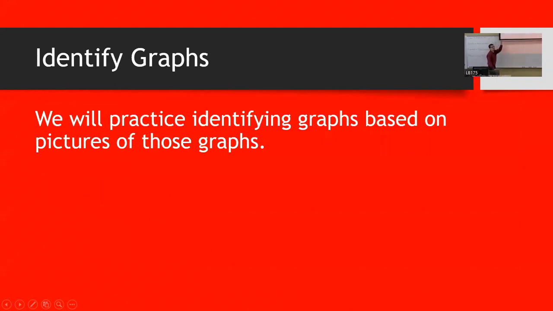So let's take a few minutes and identify graphs just based on the picture of the graphs themselves. Before we get into looking at the data, the scatter plots, let's identify graphs based on the pictures.